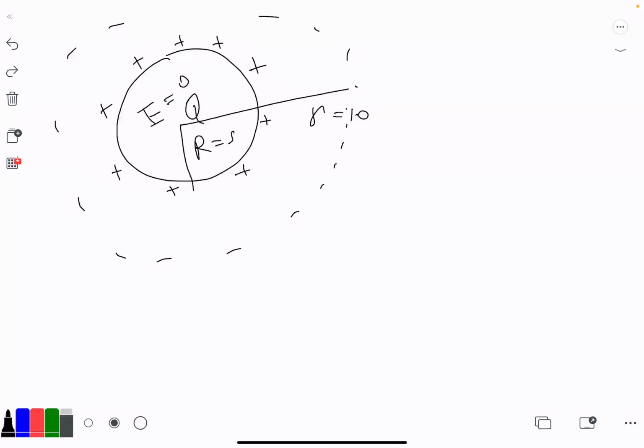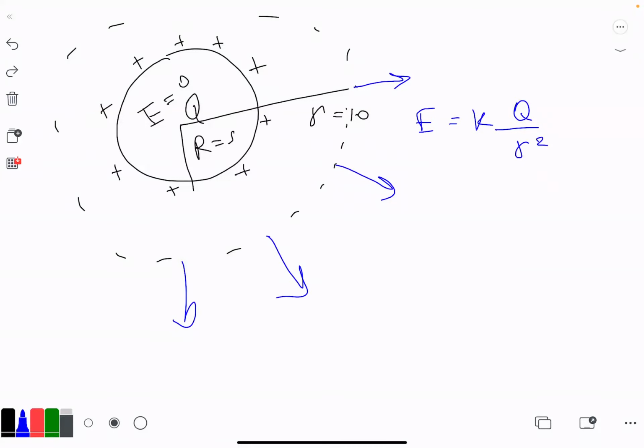We have to find the electric field at this distance, when R is equal to 10. So what is the formula? E is equal to K Q divided by R squared. Any questions? Now you have to put in the values and you can find the answer.